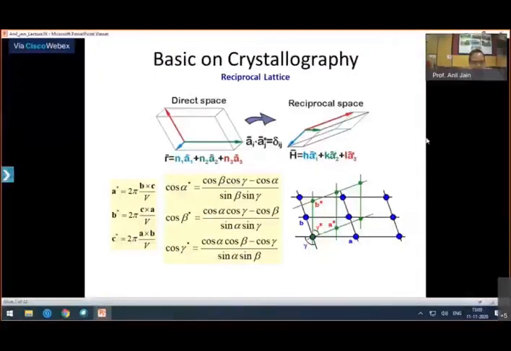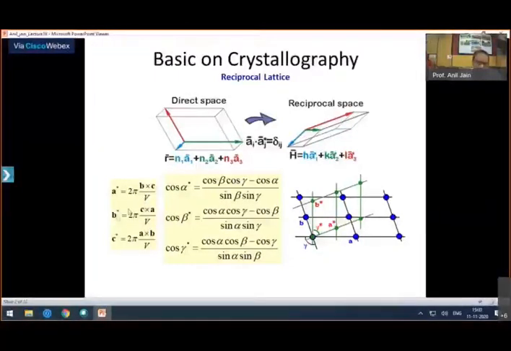Here I show the direct space and the reciprocal space. You know that the reciprocal lattice vectors are given by this relation, 2 pi B cross C, and V is the volume of the direct cell.